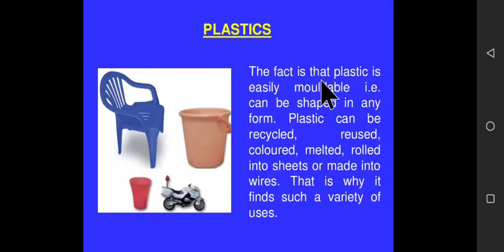The fact is that plastic is easily moldable, that is, it can be shaped in any form, and plastic can be recycled, reused, colored, melted, rolled into sheets or made into wires. That is the reason why it finds such a variety of uses. Here, as you can see, are some of the articles that are made up of plastic.